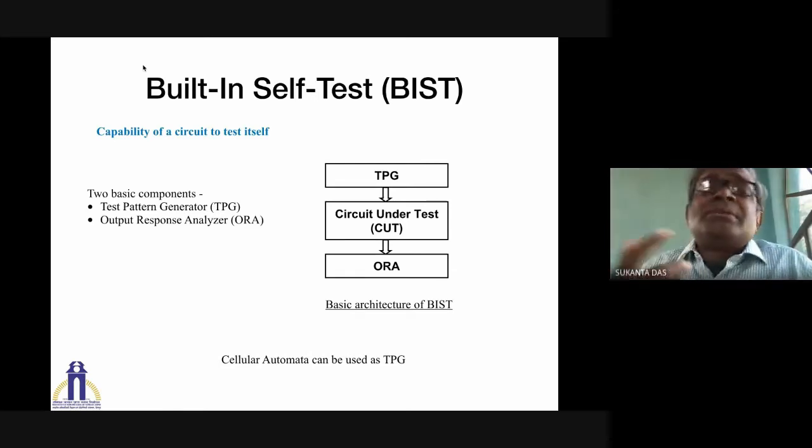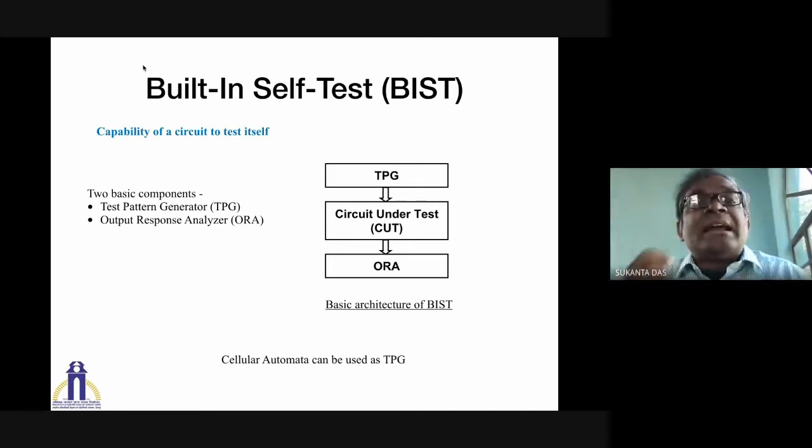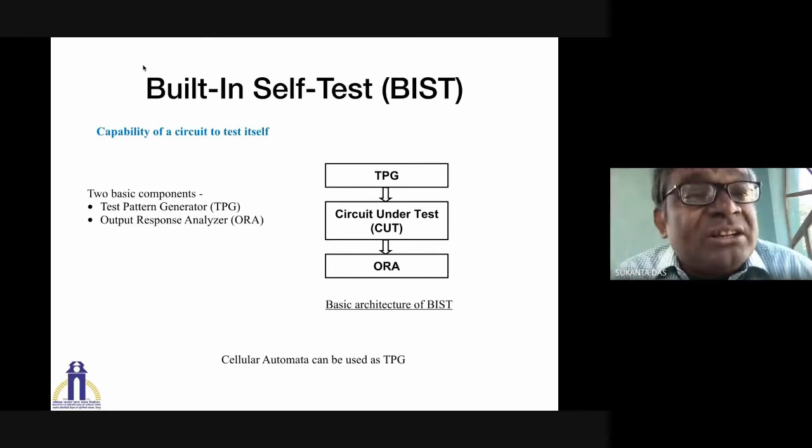While we design some circuitry, we always have to test whether it is functioning properly or not, right? That is essential. In fact, be it hardware, be it software, testing is always needed. So what is the popular technique nowadays? You do something so that the circuit can test itself automatically.